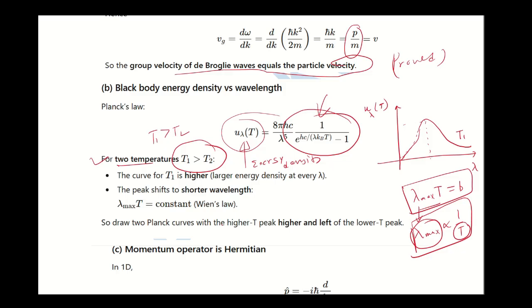Lambda max is the value of lambda at which u of lambda is maximum. So lambda max is shifted towards the origin for higher temperature. So the plot looks like this: this is for T1 and this is for T2, the T2 greater than T1 plot.